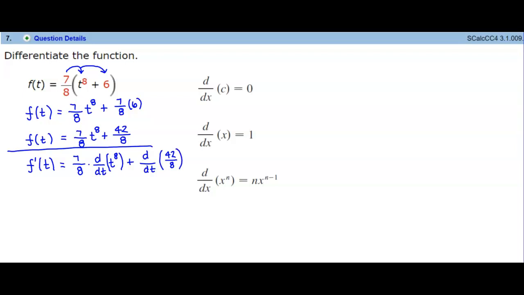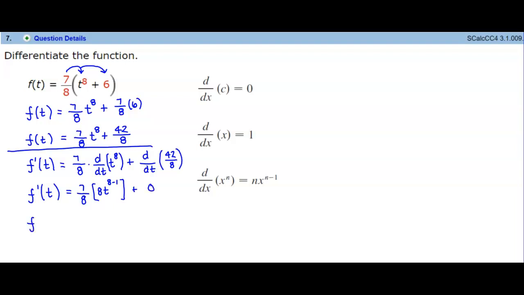Recall that for the first part, we want to use the power rule for the derivative with respect to t of t to the 8th. So this becomes 7/8 times 8 times t to the 8 minus 1, plus the derivative of a constant, which is going to be 0.